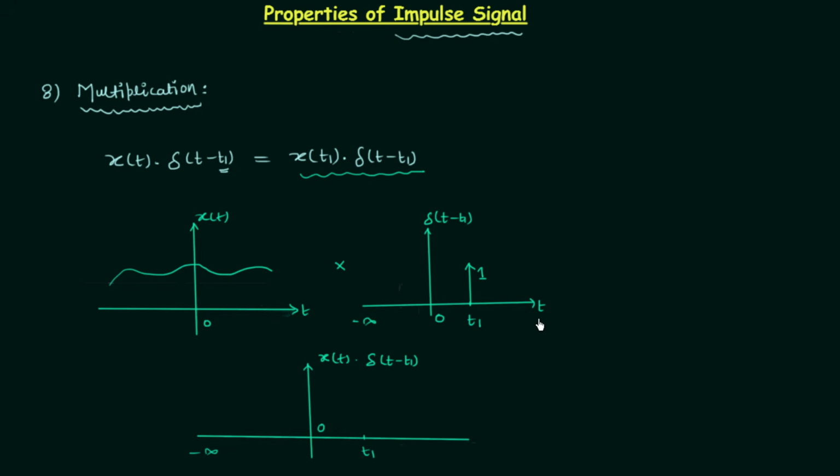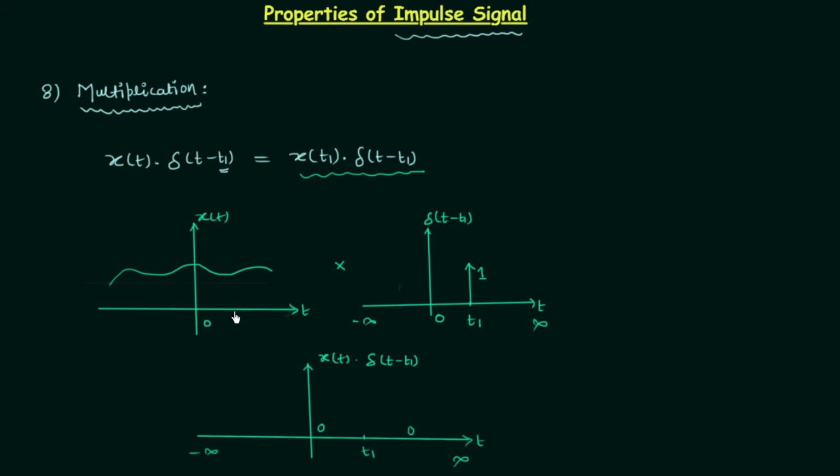Now from t1 to infinity, again delta(t minus t1) is equal to 0. So from t1 to infinity, we are going to get x(t) multiplied by delta(t minus t1) as 0, because 0 multiplied by all these values is equal to 0.